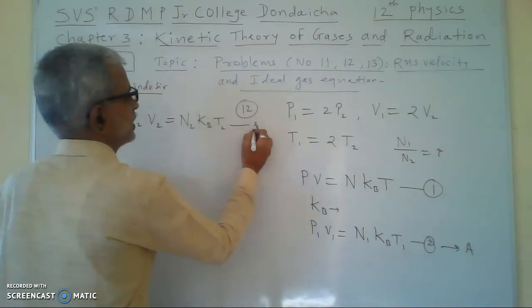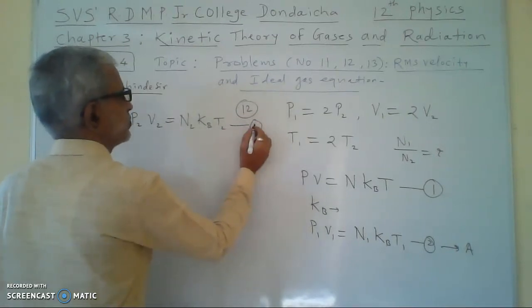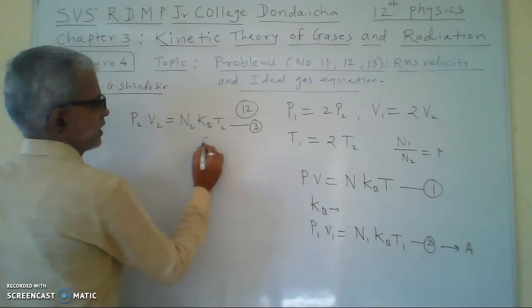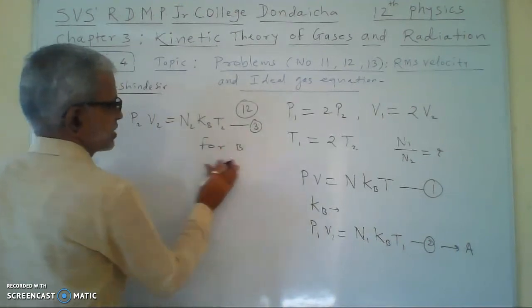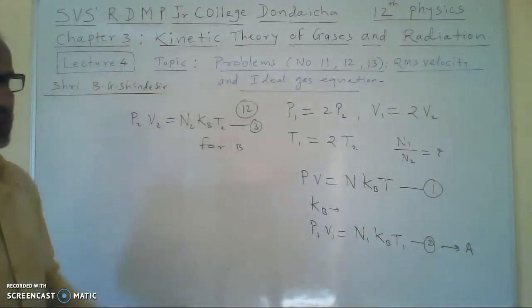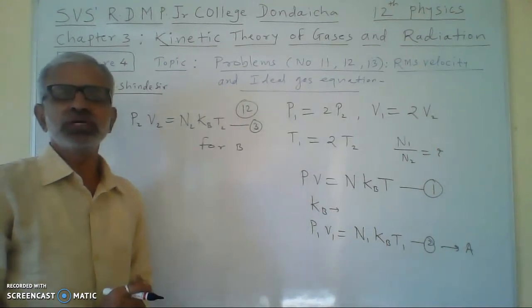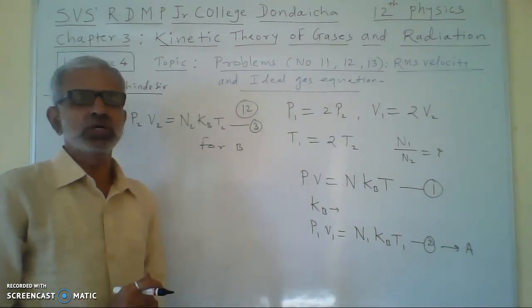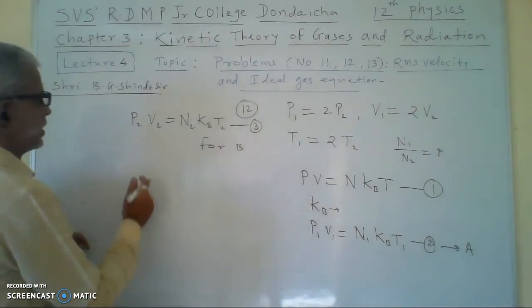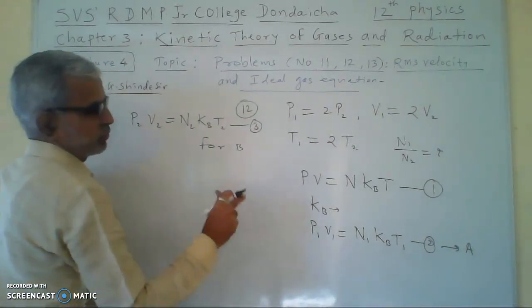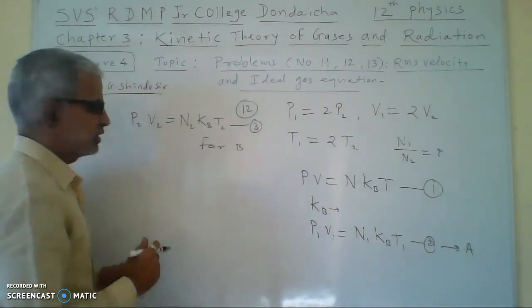This is the third equation, and this equation number 3 is for vessel B. Since Kb is a constant, Boltzmann constant, it will not change. Now divide equation 2 by equation 3.